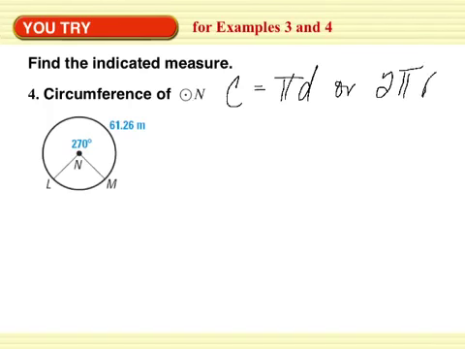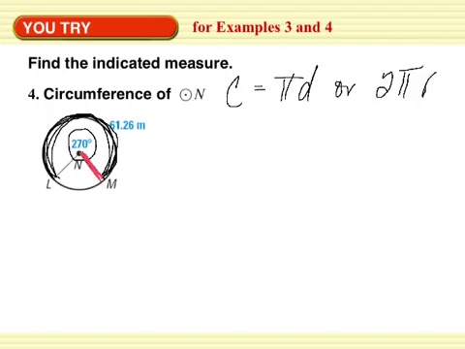It looks like we have the length of this arc right here, and we have the degrees associated with it, but we do not know the radius. But we can figure out the radius.